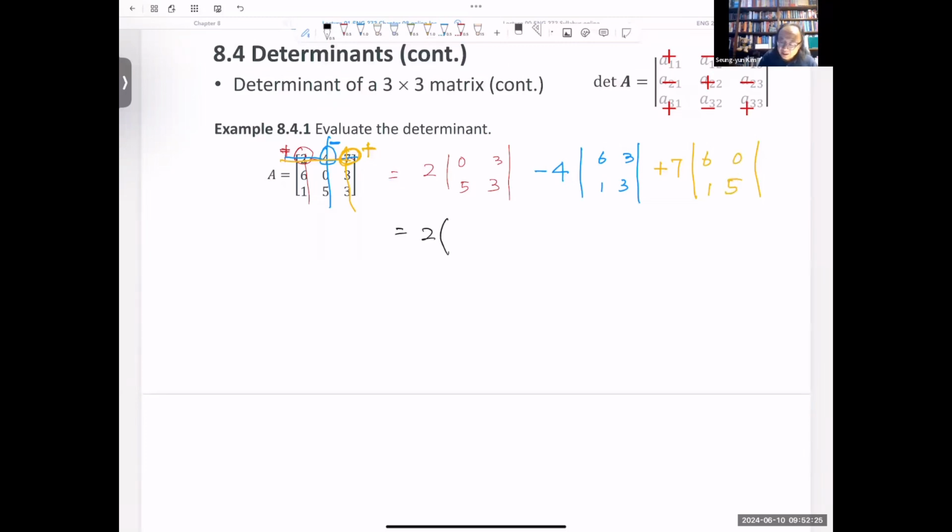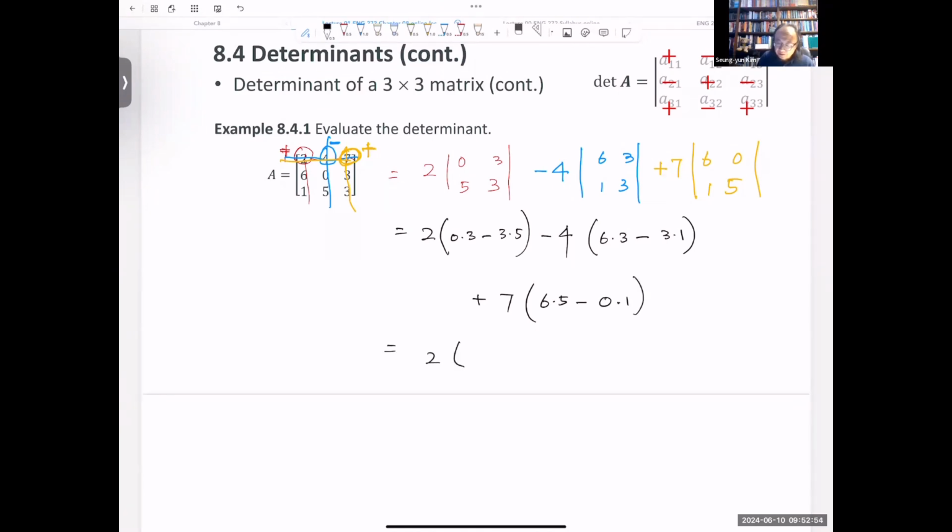2 times AD, 0 times 3, minus BC, 3 times 5. Minus 4 times AD, 6 times 3, minus BC, 3 times 1. Plus 7 times AD, 6 times 5, minus BC, 0 times 1.